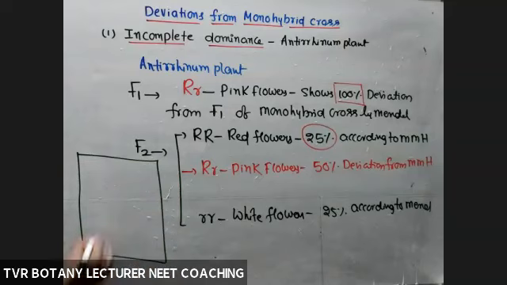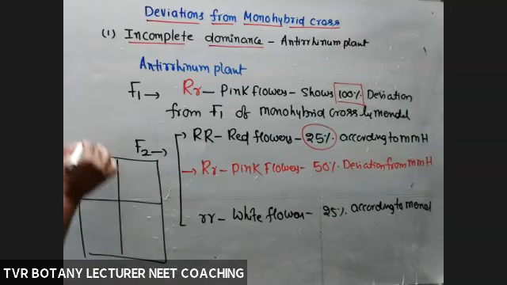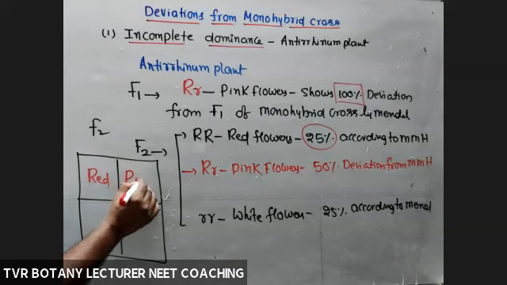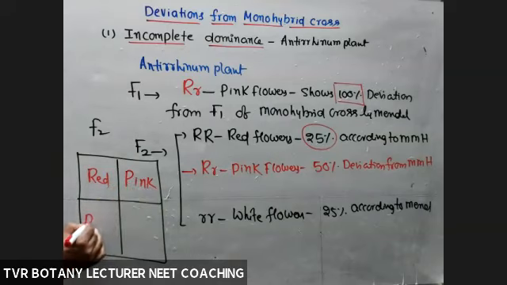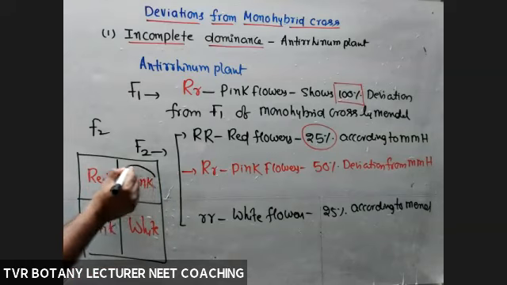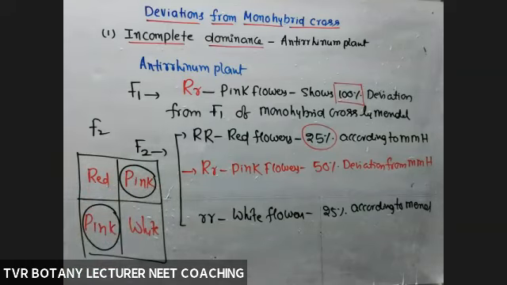Out of these 4 plants, take a Punnett square. This explanation is very, very important. In F2, this one produces red flowers, this one pink, this one pink, and this one white. So the deviation is in the case of pink, 50% deviation.